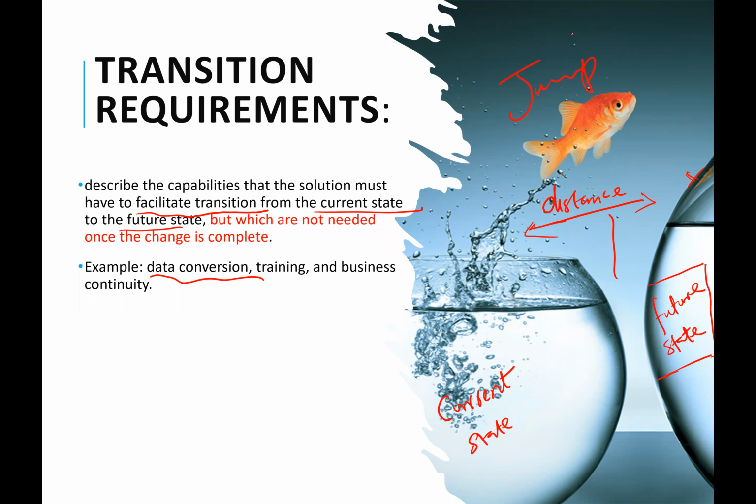So what we can do to help the fish transition from current state to future state is manage the distance between the bowls. And once the fish successfully jumps into the big bowl, what happens to the current state or the distance? Wale, what happens to the distance requirement after the fish jumps from the current state to the bigger bowl?